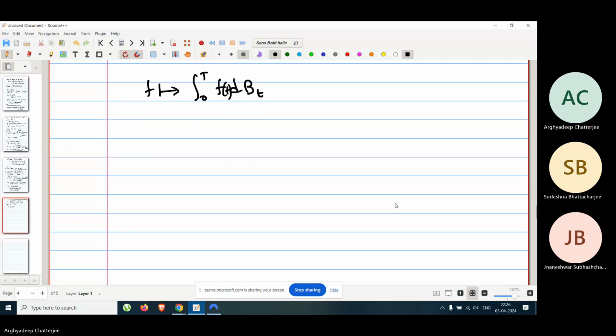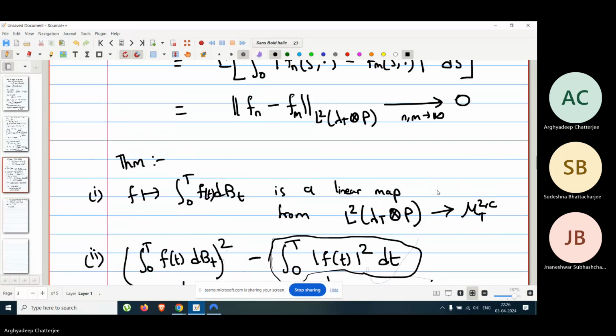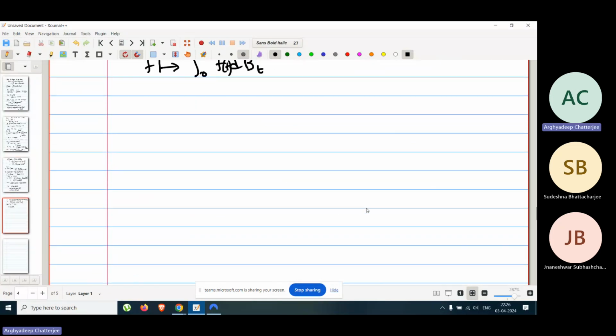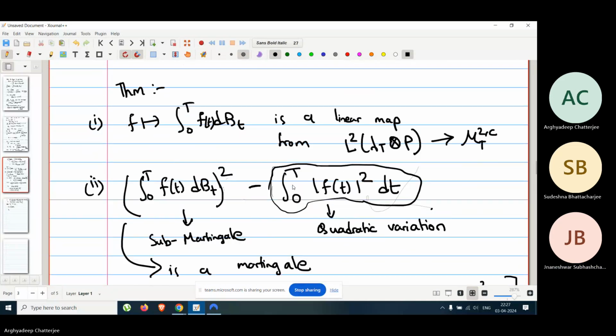To prove 2, what we basically have to show is this.